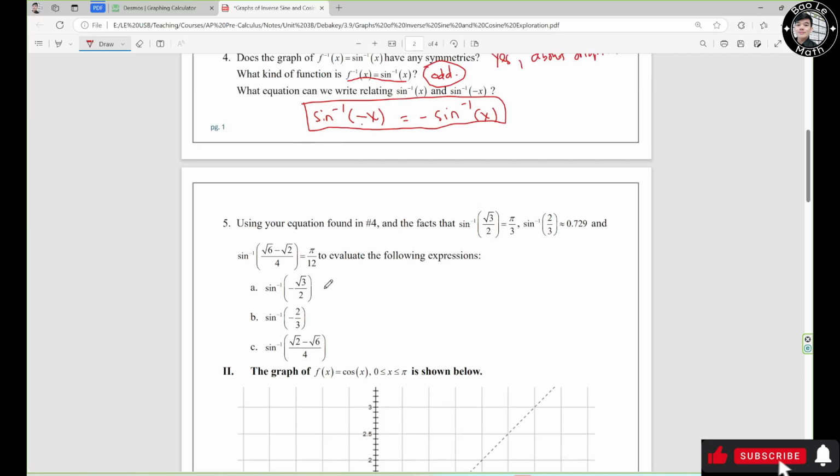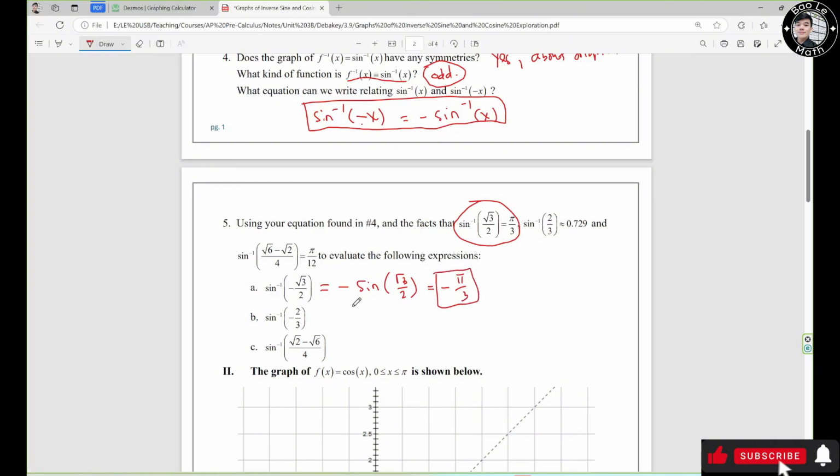So, sine inverse of negative root 3 over 2 is the same thing as negative sine inverse of root 3 over 2, right? I just use the formula right here. So it's going to be negative, and sine inverse of root 3 over 2 is pi over 3, so this equals negative pi over 3.